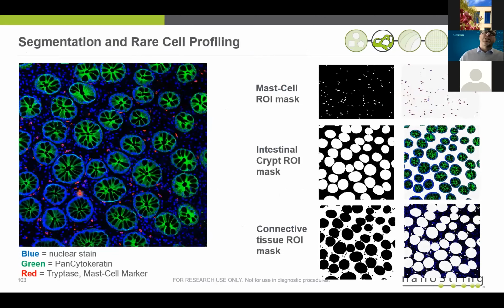I showed at the beginning how we are able to illuminate UV light to draw these ROIs and get out the genes or proteins from exactly where you want. In this example, they illuminated the mast cells first, so they got this one single cell population, and then wanted to illuminate the intestinal crypts and then everything else in between.